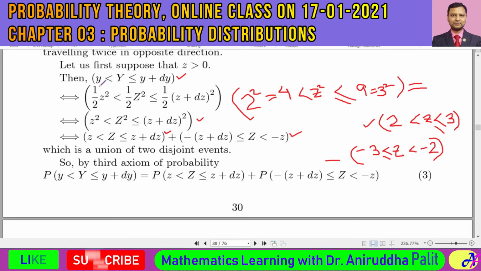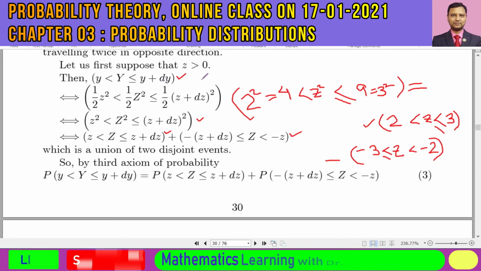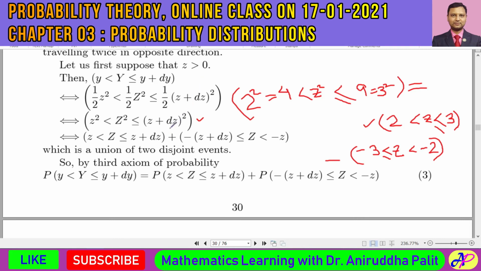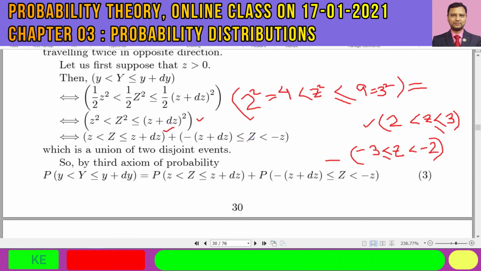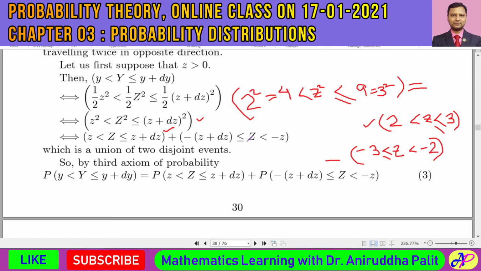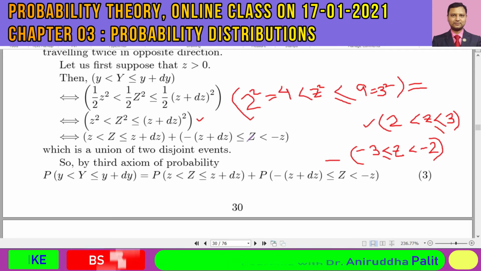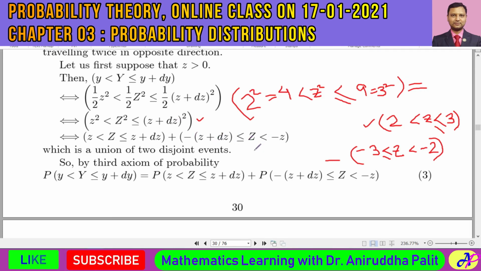The event y less than capital Y less than or equal to y plus dy. This kind of event is actually the union of this event z less than capital Z less than or equal to z plus dz, and minus of z plus dz less than or equal to Z less than minus z. Got it?